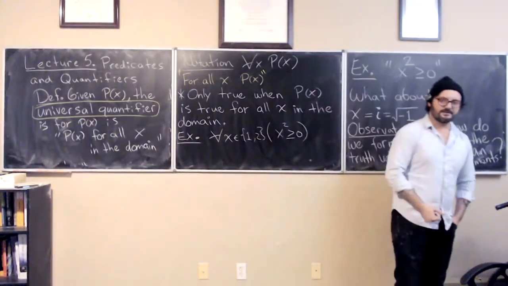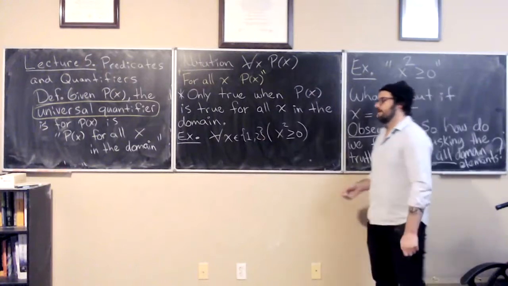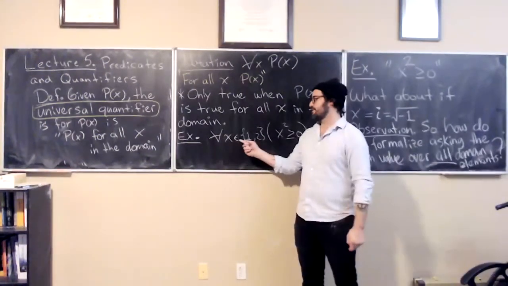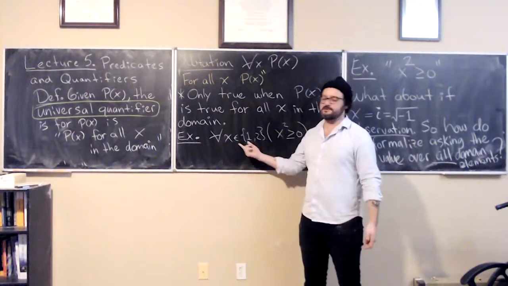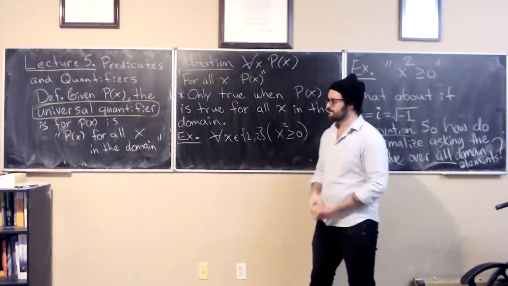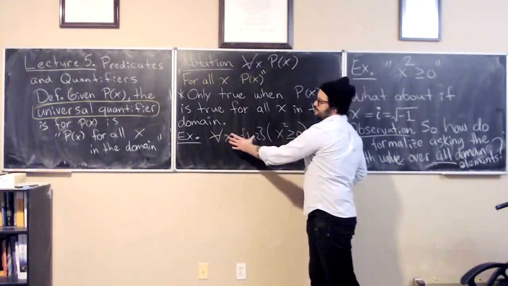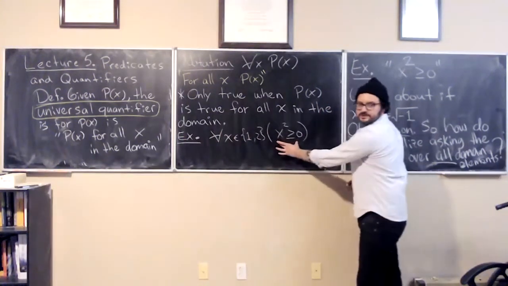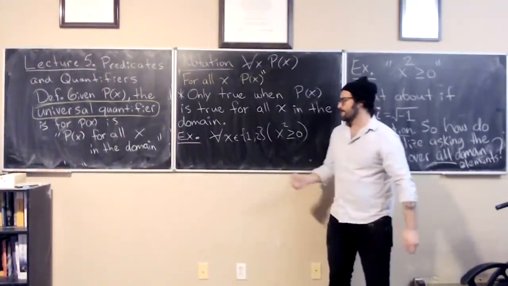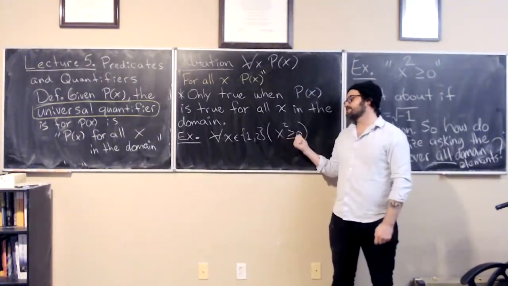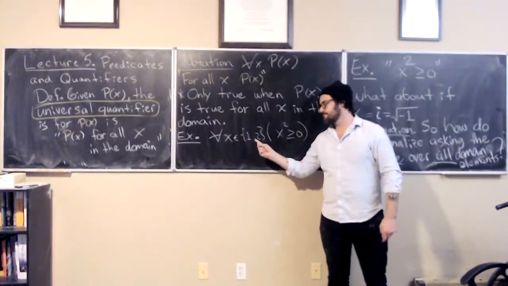Okay, so that's the universal quantifier on domain. So x belongs to 1 or 2. So x is either 1 or 2. That's the domain of interest. Universal quantifier applied to this domain, and then that's your propositional function. So is x squared greater than or equal to 0 for every single x in that domain?